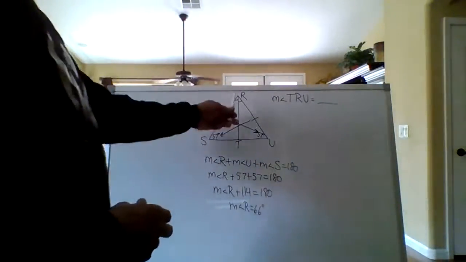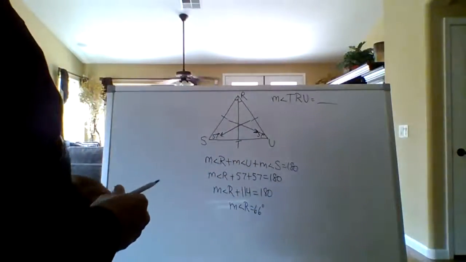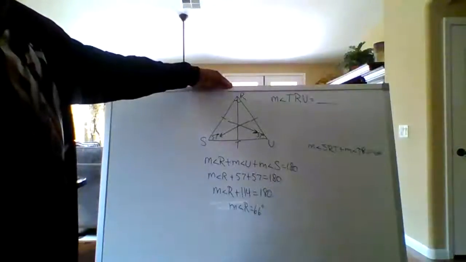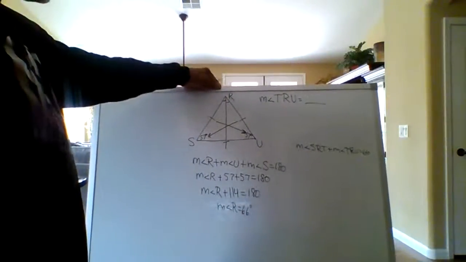Now, but here we have an angle bisector. So we know that the measurement of angle SRT plus the measurement of angle TRU is 66 degrees.